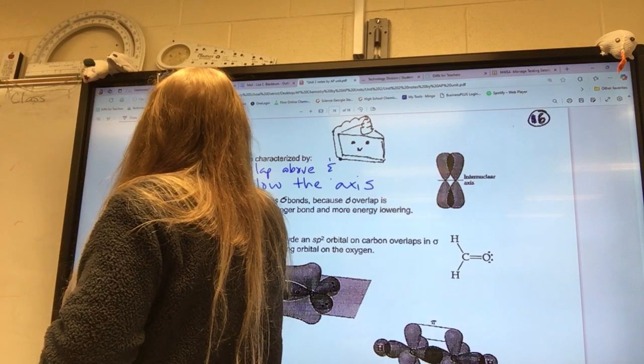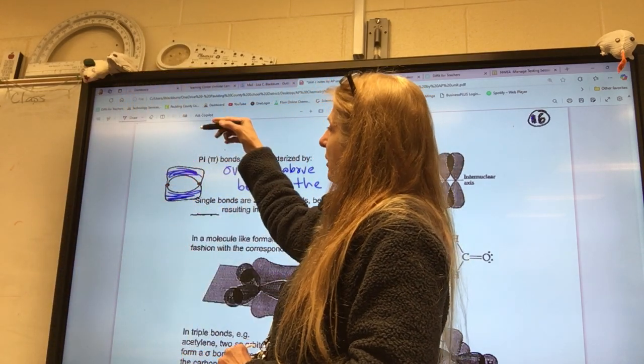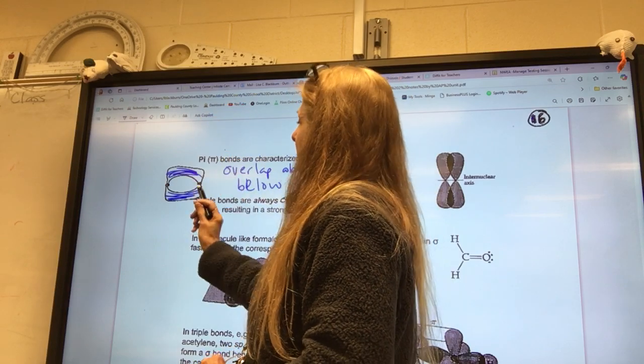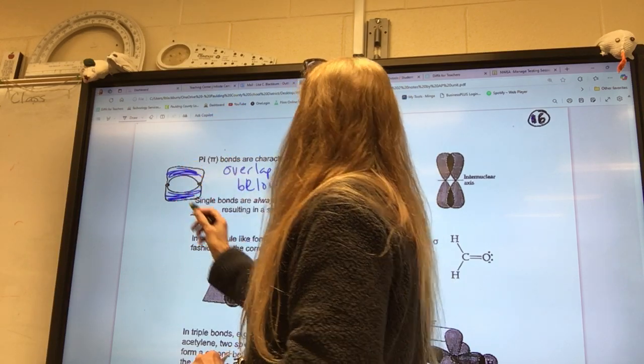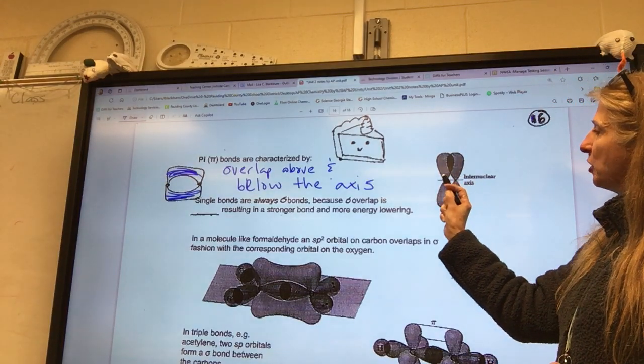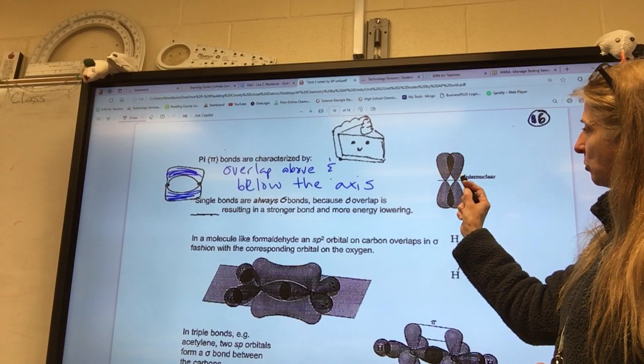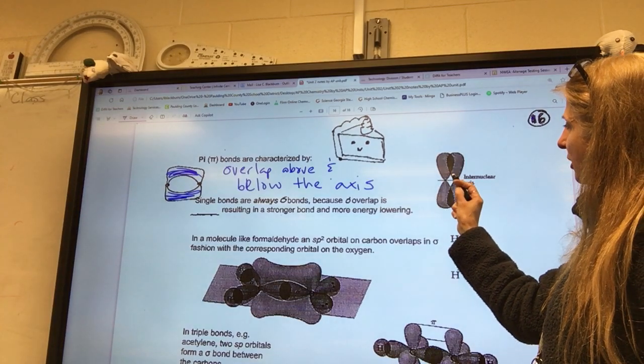Now, this is not the double bond. This is one bond, but it's just the area where this pair of electrons can be is above and below. You can see it better here. So there would be one sigma bond in the middle here, where it's just this little single bond overlap.